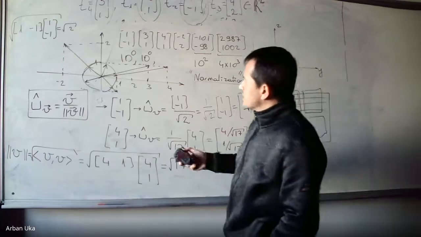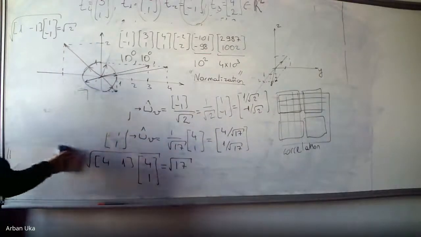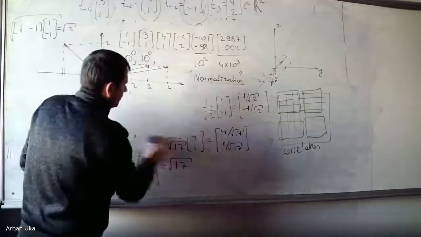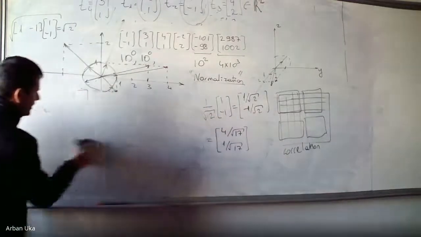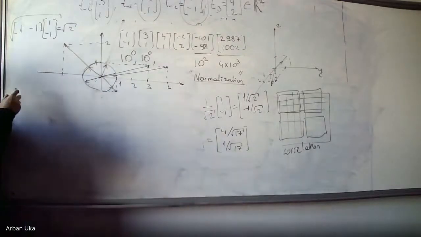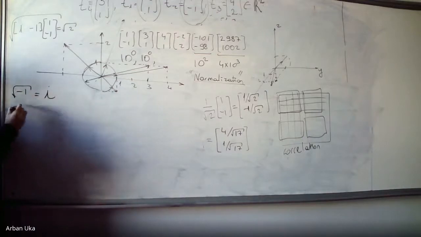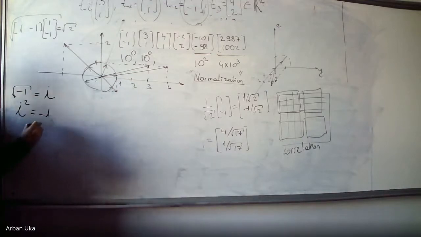Now, complex numbers. Just as a reminder, I'm sure that you already know the general definition of a complex number, which is, for example, that the square root of -1 is equal to i, and i squared is equal to -1.